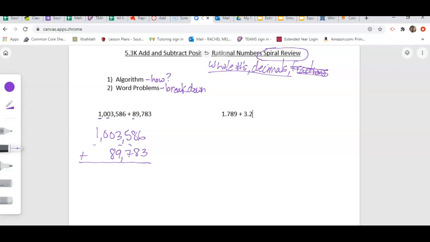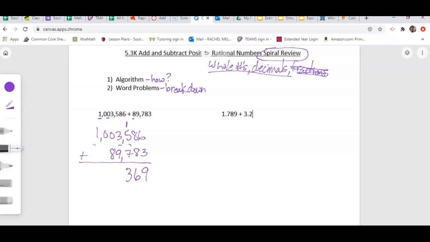So now I'm going to add them together. 6 plus 3 is 9. 8 plus 8 is 16. I write down my 6 and I regroup my group of 10. 5 plus 7 is 12. Plus 1 is 13.